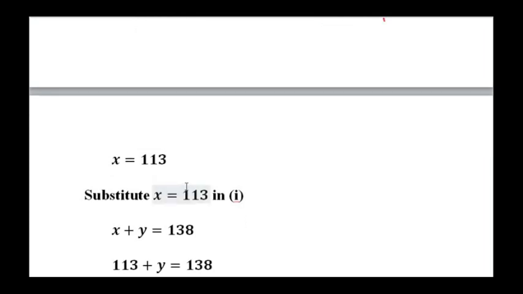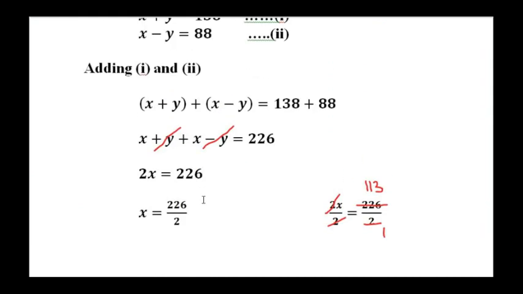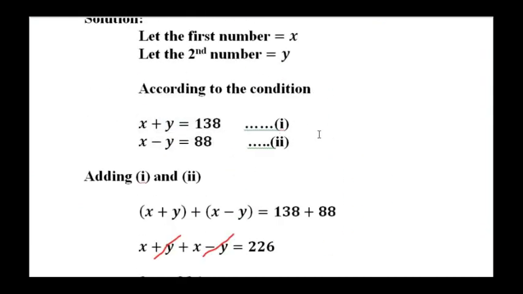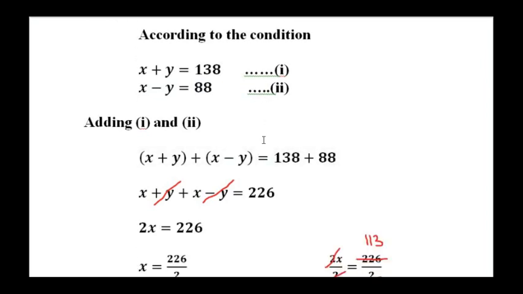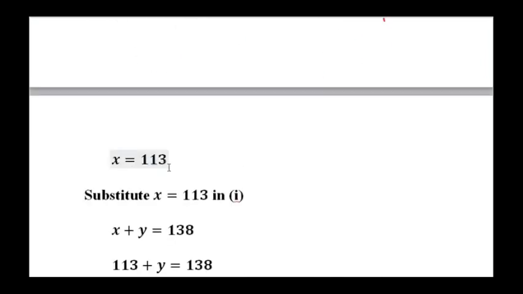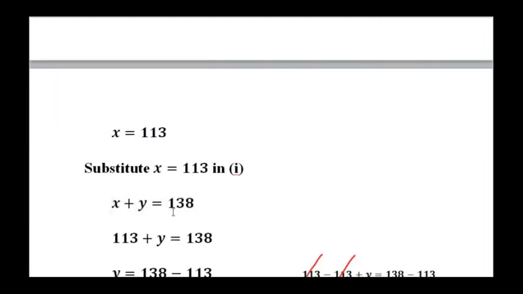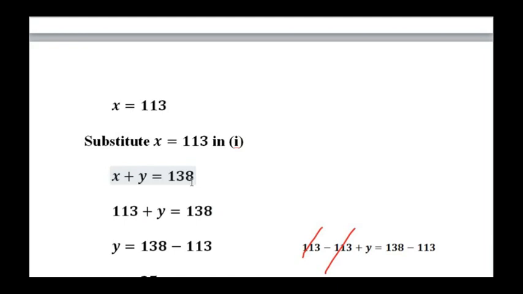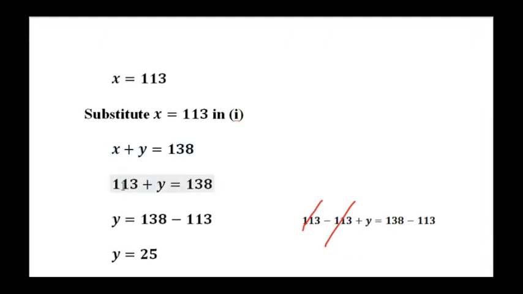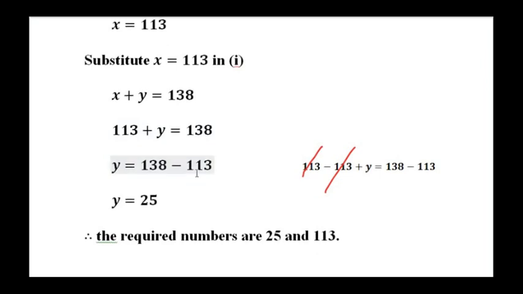To find the second number, I will substitute x equals 113 into equation 1 or into equation 2. It's your choice. If I substitute the value of x, which is 113, into equation 1, which is x plus y equals 138, equation 1 becomes 113 plus y equals 138.